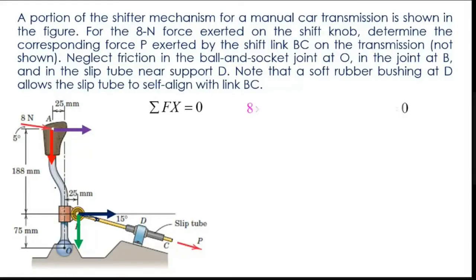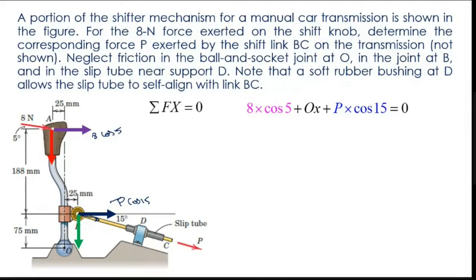I will equate sigma Fx equal to 0, and it is in equilibrium state. If sigma Fx is 0, you have here 8 cos phi, and this one is P cos 15.